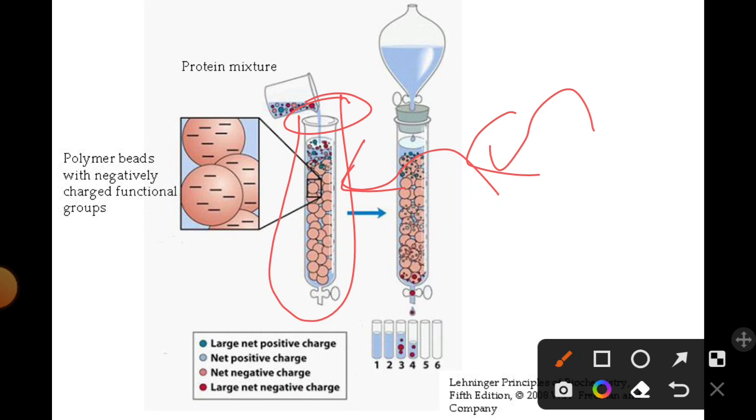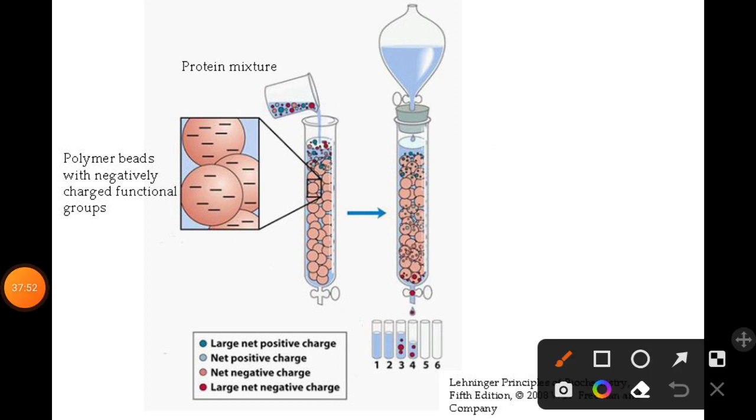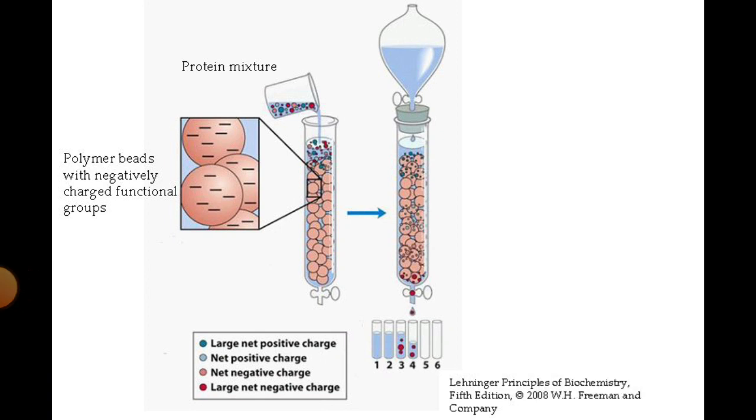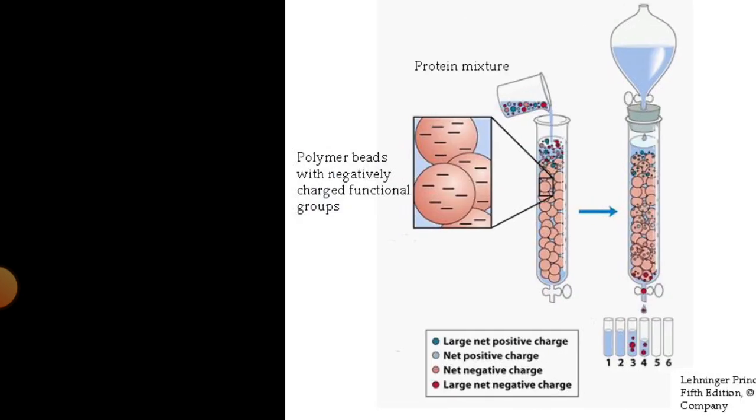So we are using ion exchange chromatography for the separation of ionic impurities, for the concentration of the solution, right? We are using it for softening of water, demineralization and deionization of water. Okay, so that is the concept of ion exchange chromatography. I hope you have understood it very well.